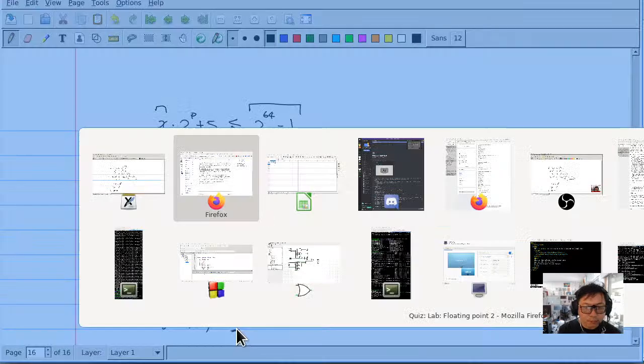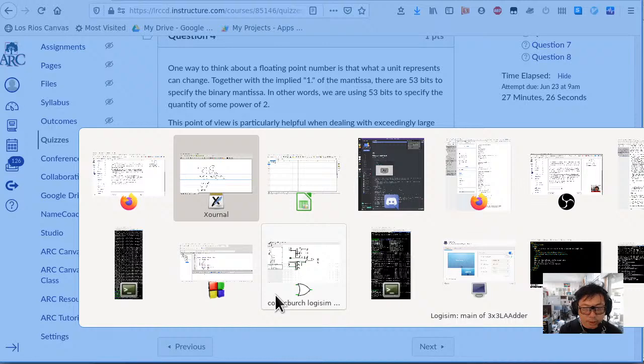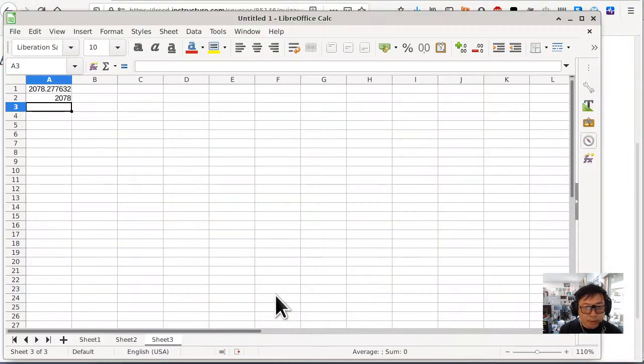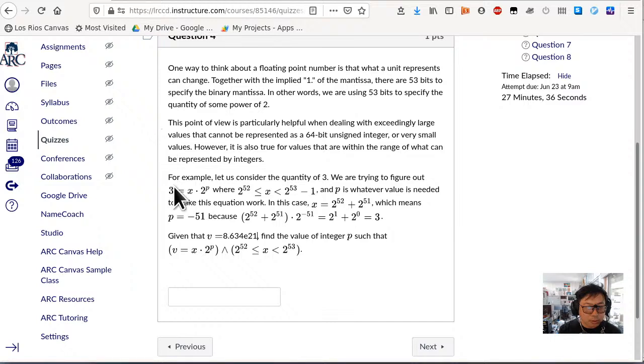Okay, if not, we can now go ahead and do the actual calculation. And to do that, I also need to figure out what X is supposed to be first. So X is 8.634 times 10 to the power of 21.